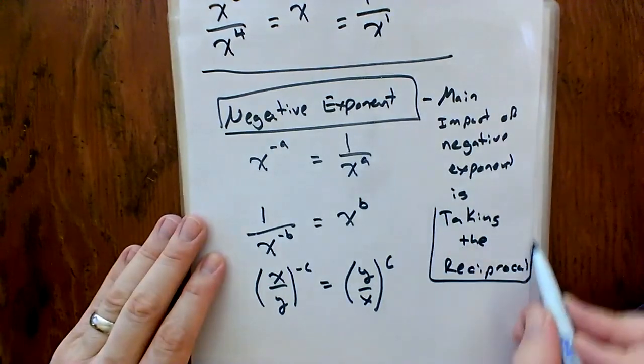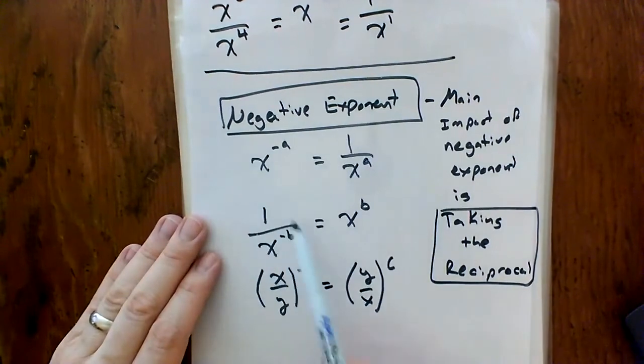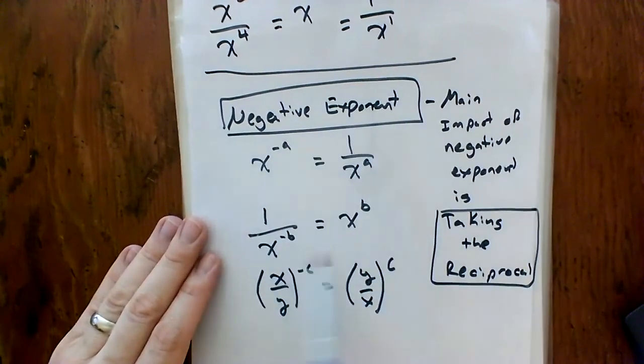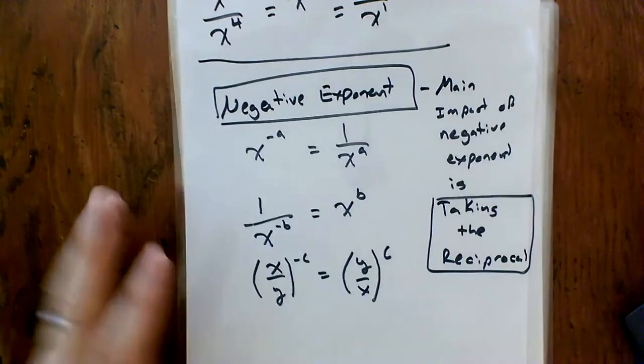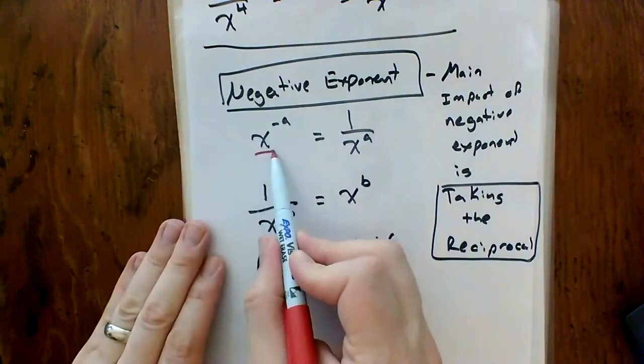So we're literally just flipping these terms just like they were fractions, because we can, even if I don't have a term that is over 1, I can treat it as such.